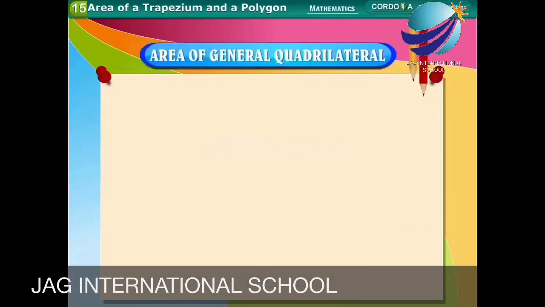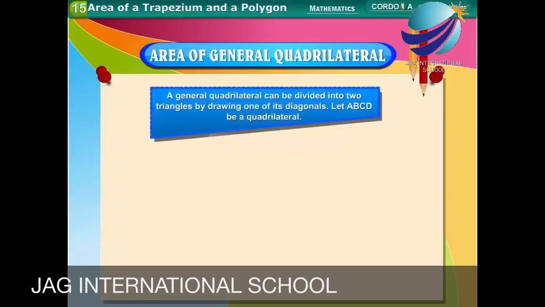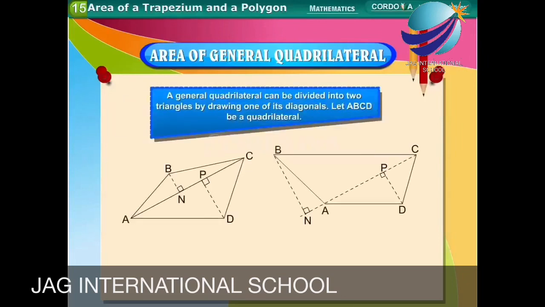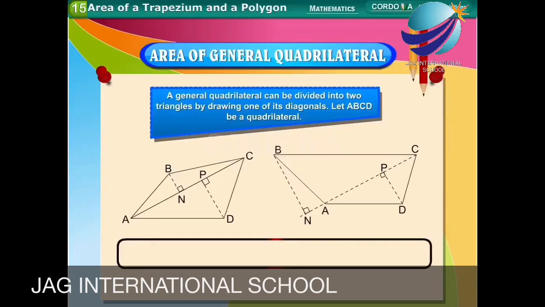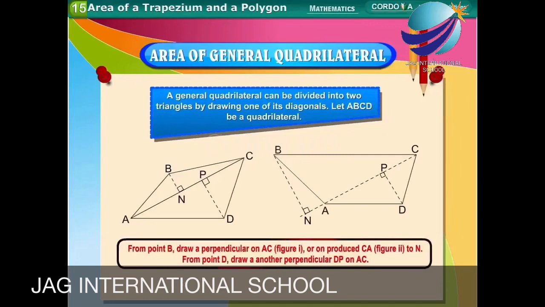Area of general quadrilateral. A general quadrilateral can be divided into two triangles by drawing one of its diagonals. Let ABCD be a quadrilateral. From point B, draw a perpendicular on AC. Figure 1. Produce CA to N. Figure 2. From point D, draw another perpendicular DP on AC.